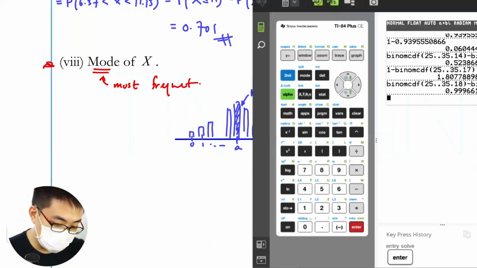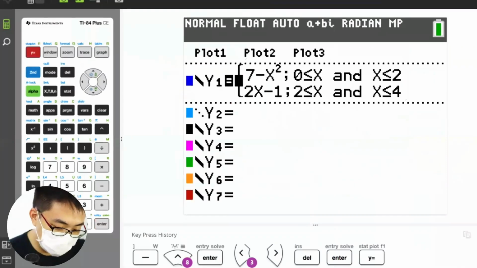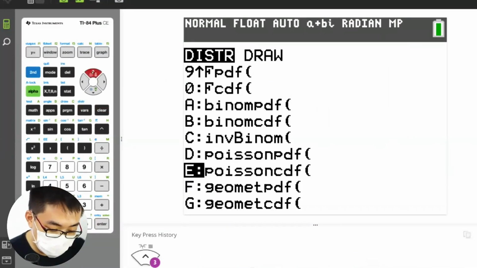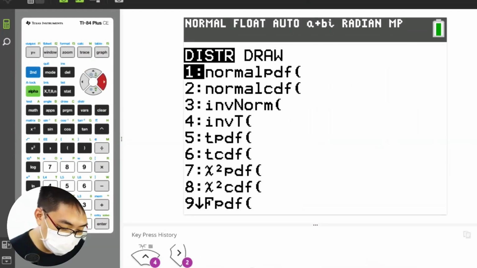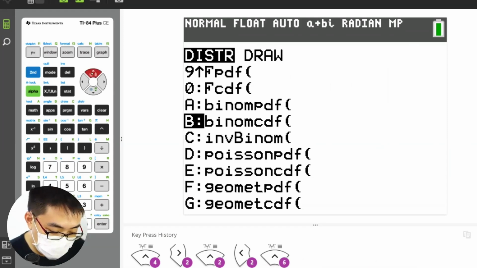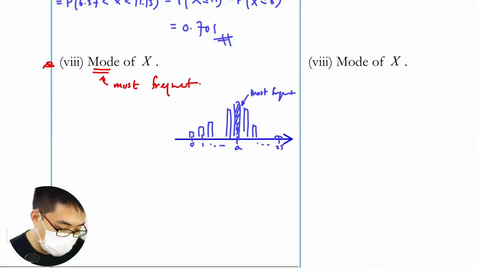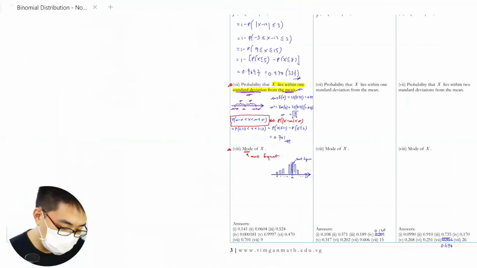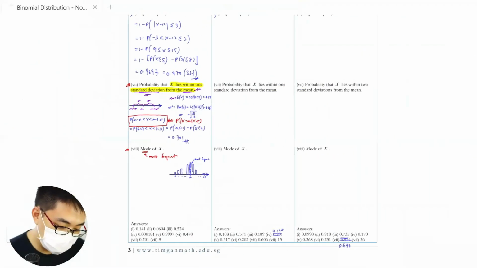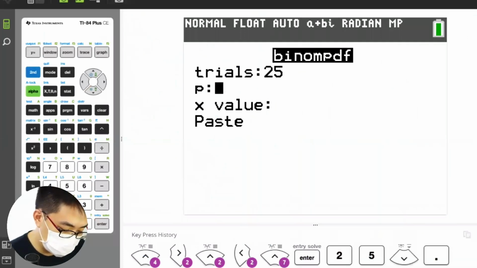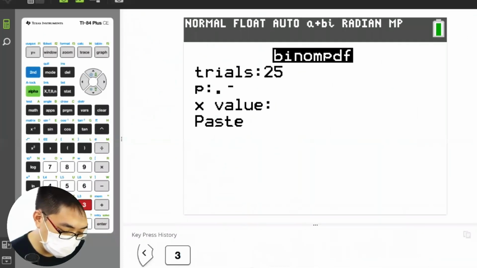Use your calculator. This is important. This is where you do it. Distribution. Go to Binomial PDF. Follow me very carefully. Binomial PDF. Trials, you put 25. This one put 35%.